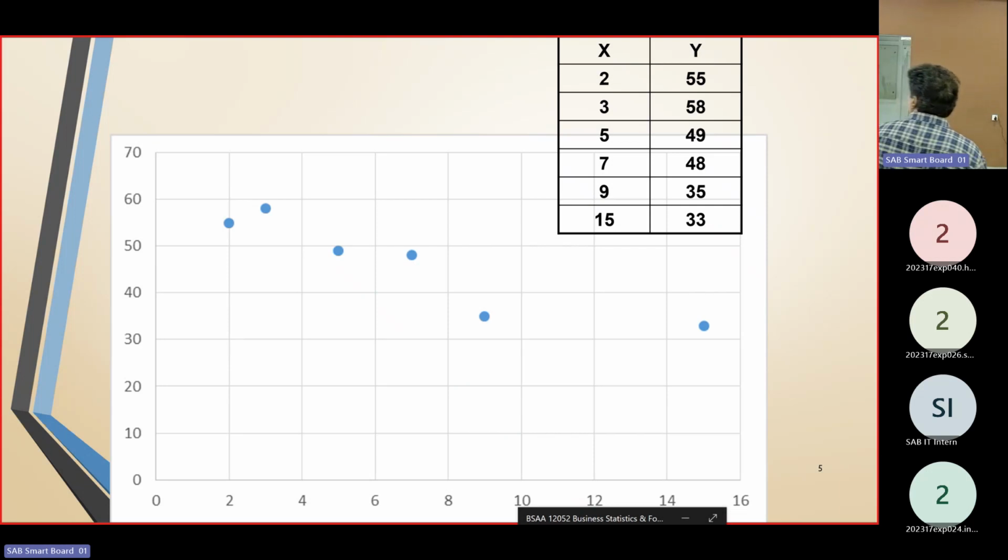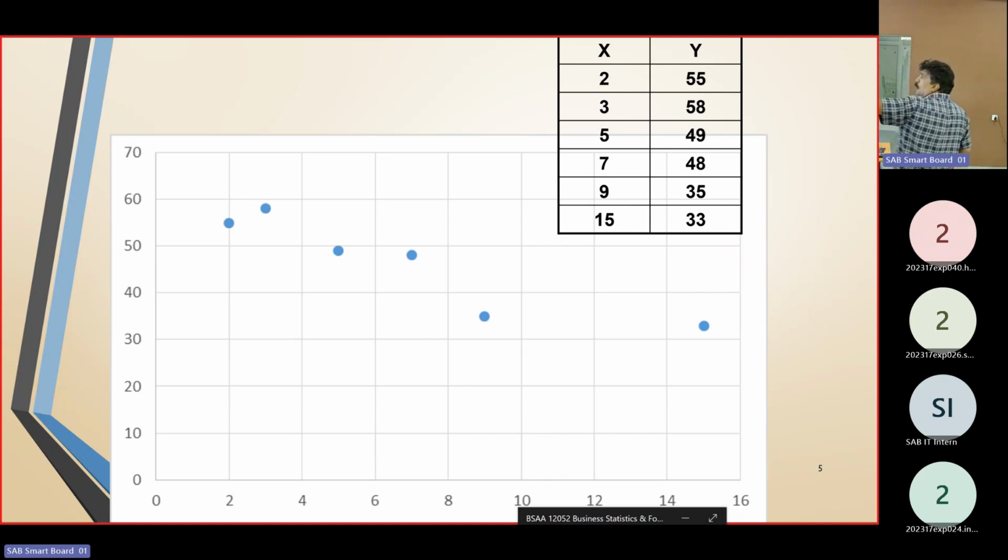How do we draw the scatter diagram? Along the x-axis, we take the predictor variable values. Along the y-axis, you take the response variable values. Then you mark the points.